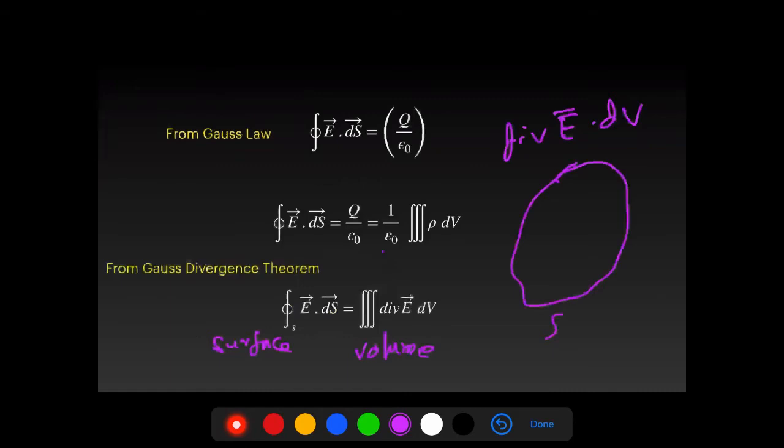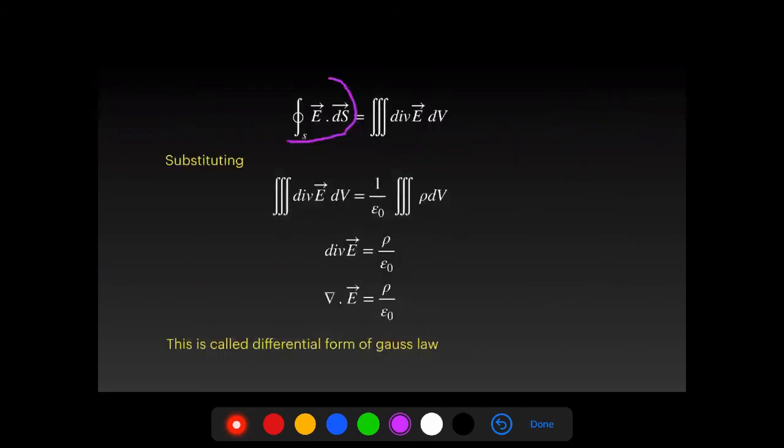If we substitute that here, 1 by epsilon naught triple integral rho dv, we will get divergence of E bar equal to rho by epsilon naught. Like that way we have divergence of E bar equal to rho by epsilon naught.